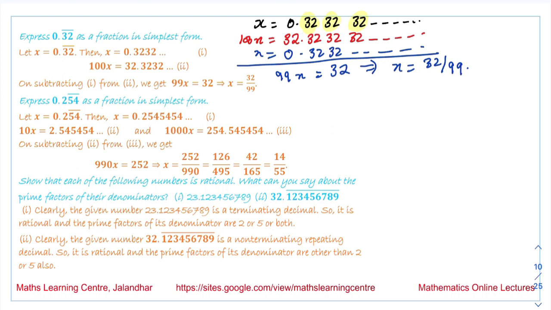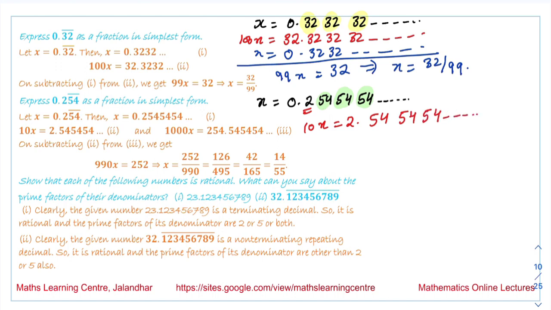Now next we are having x is equal to 0.2545454 and so on. These are the repeated digits over here, 5454. We are having this 2, so first of all we have to remove this 2 from the decimal. So we are going to write 10x is equal to 2.545454 and so on.